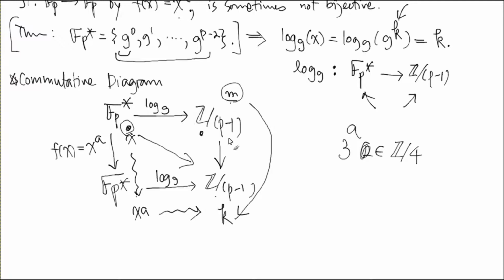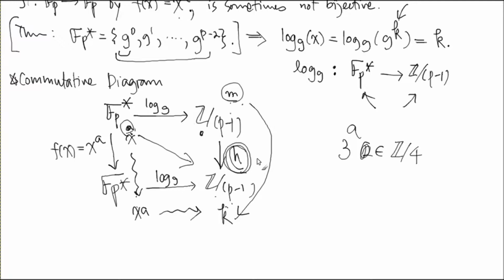And then if you go this way or that way, that doesn't matter. So there is this map h induced by this process. If I find the exponent first, raise that to the a-th power, and then find the exponent later, this is how h is defined, so that it doesn't matter how you go about it.